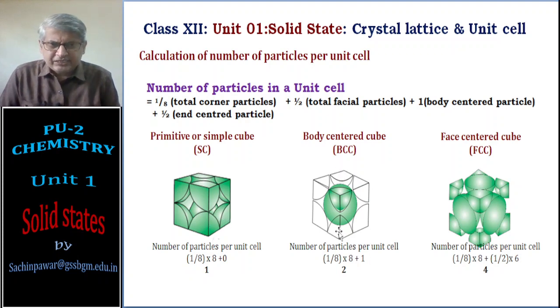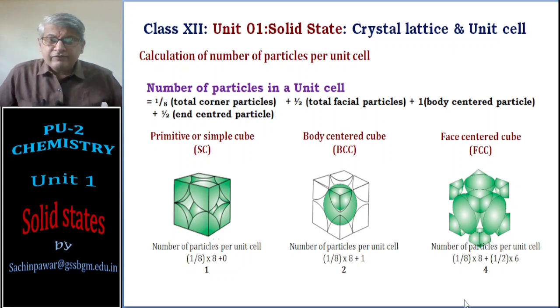Body centered, if I just count, then 8 corner particles, 1, 2, 3, 4, 5, 6, 7, 8. So 1/8 into 8, but there is one particle at the center, and face center is 0. Face center is 0 plus 1 body, that means 1/8 into 8 is 1 plus 1, that is 2. Face centered, if I count, then corner particles are 8, so 1/8 into 8 plus, every face center is common to 2 unit cells, so divide by 2.